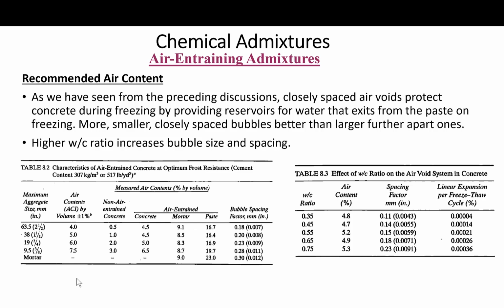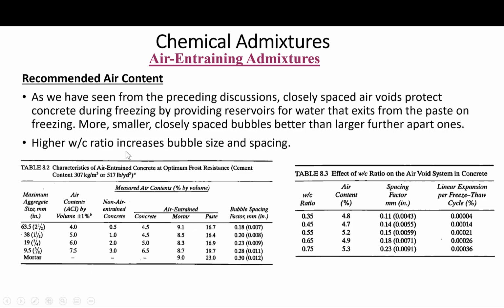Even though the air content in the low slump concrete will fall below the recommendation, we still get the benefits. And again, one thing to remember: if air entrainment is used only to improve workability and handling, recommended air contents can be reduced by about one third.